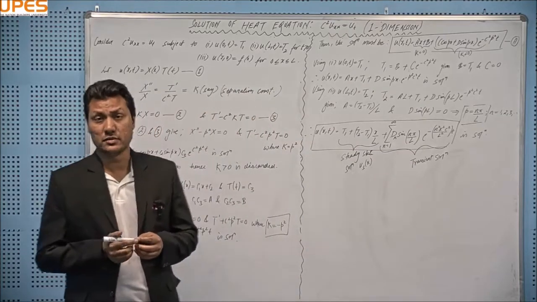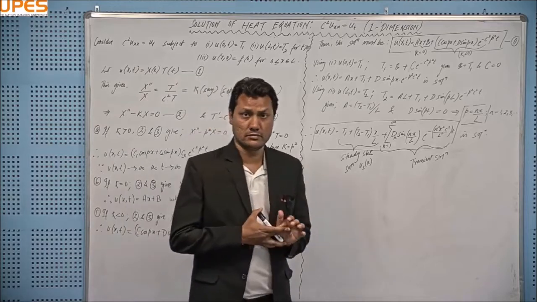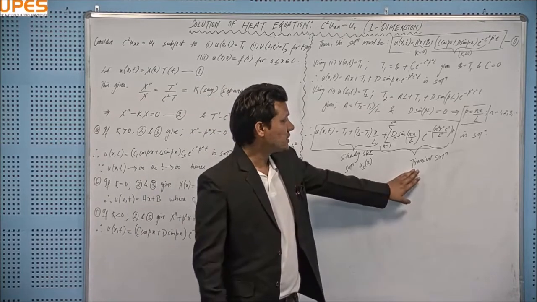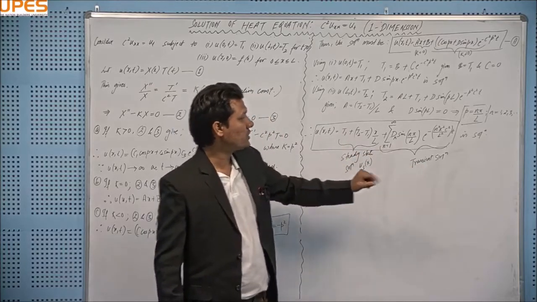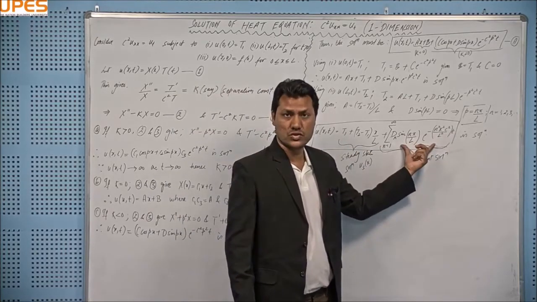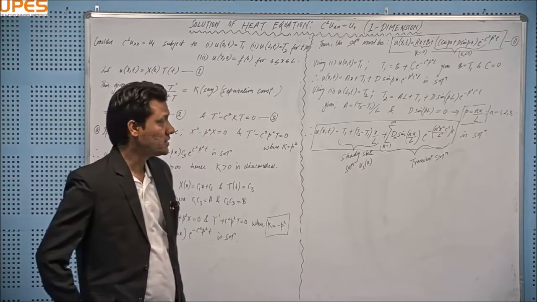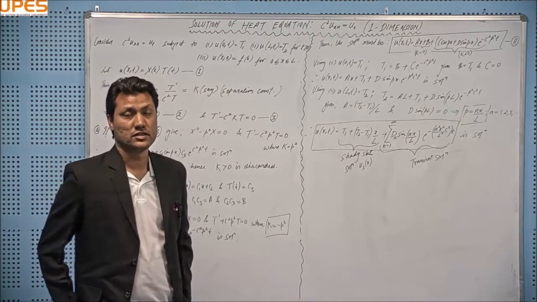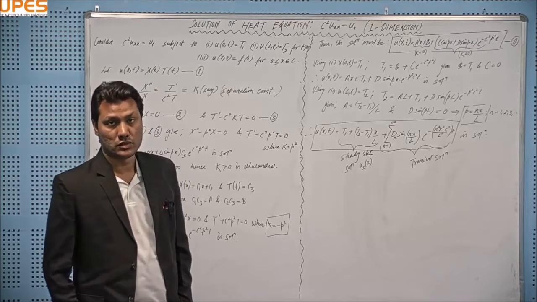Transient means something unstable, which is not intact for a long time, right? So this is the transient state solution. Why are we calling it transient? Because if you apply t tends to infinity, then it will go to 0. It means with the passage of time, it will be 0, right? That's why we are calling it transient, something very unstable and which doesn't last for long, right?